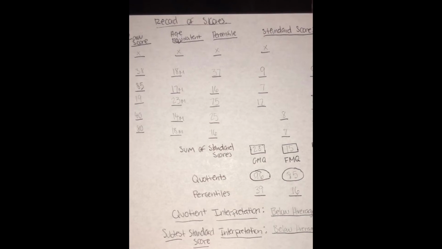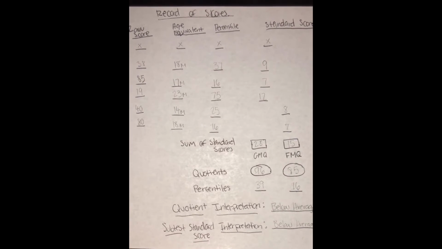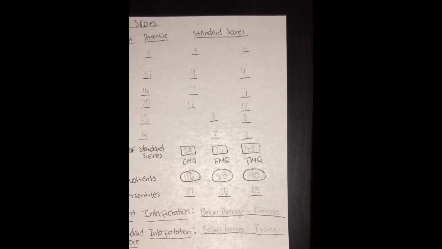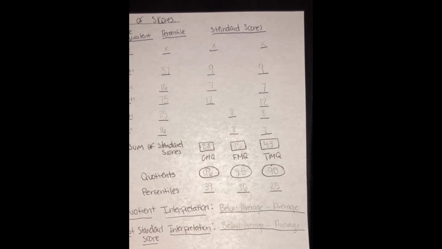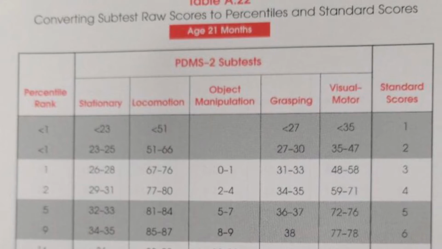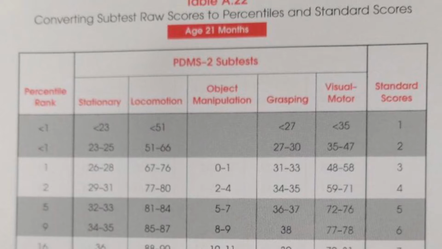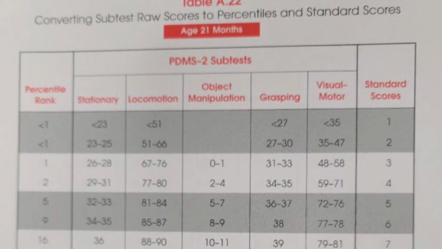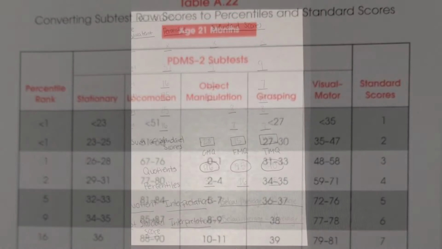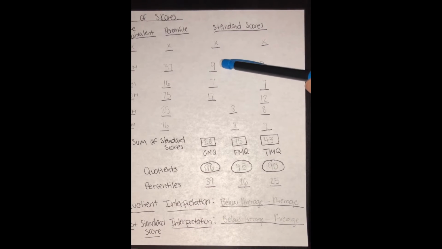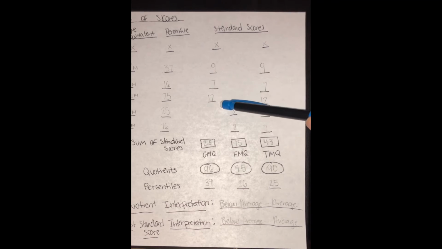Moving on from there, you would go to Appendix B in order to complete the quotients section. Here I provided a screenshot of the table that I used from Appendix A in order to convert my raw scores to percentiles and standard scores. In order to complete the quotient section, you would have to add up all the standard scores.